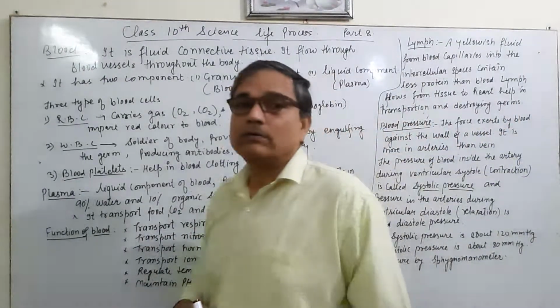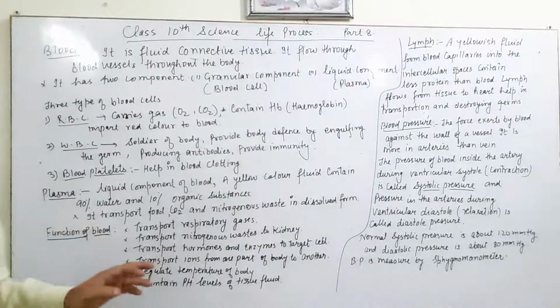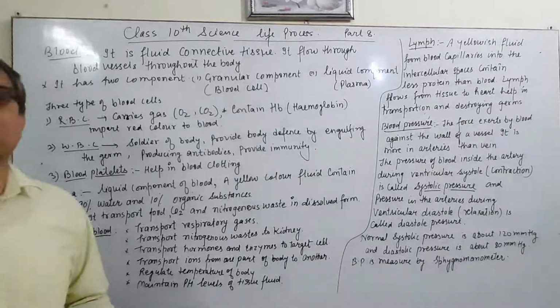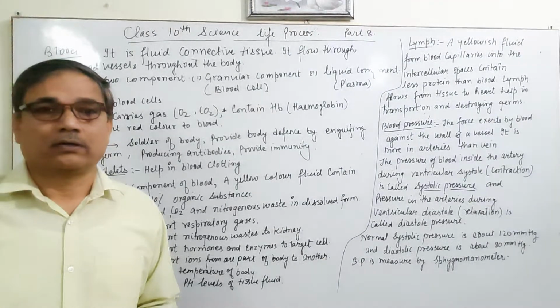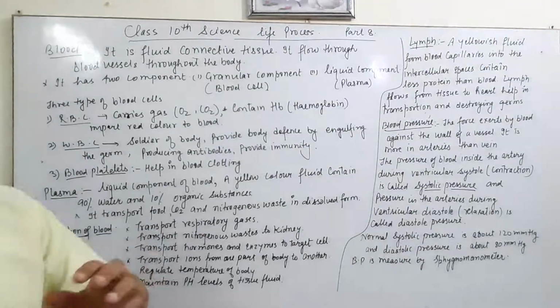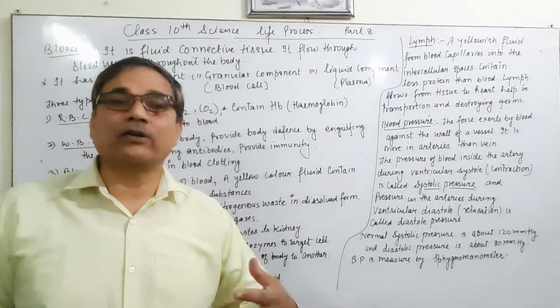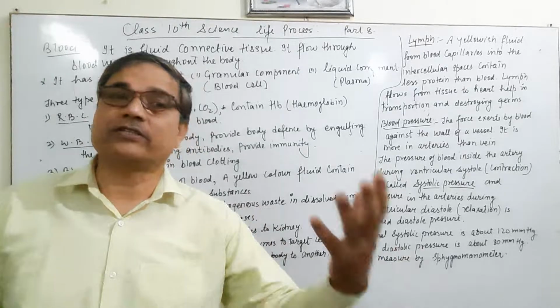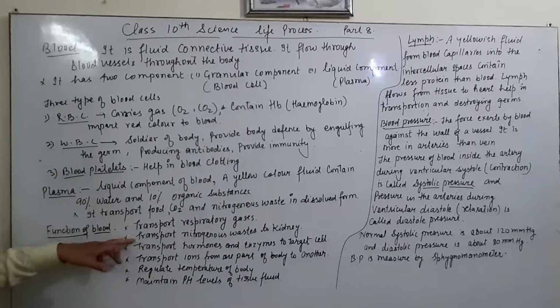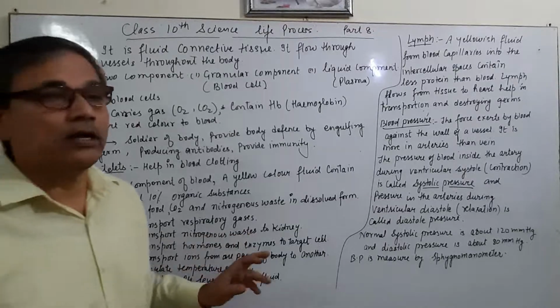And now the functions of blood, that is the first part. It transports the respiratory gases, carbon dioxide and oxygen, mainly respiratory gases released during respiration. Carbon dioxide is released, oxygen is taken in, and that helps to oxidize the food. It transports nitrogenous waste to the kidney. Why?